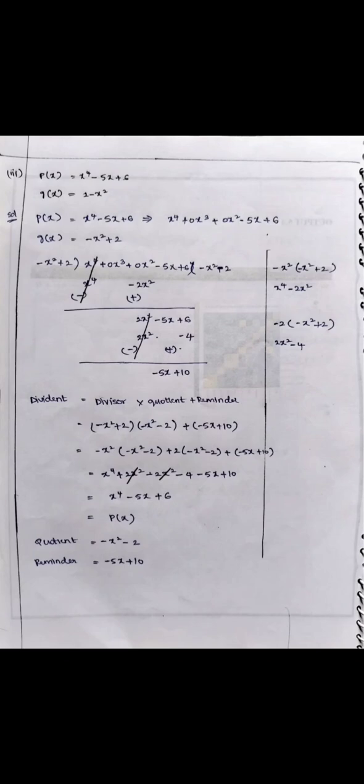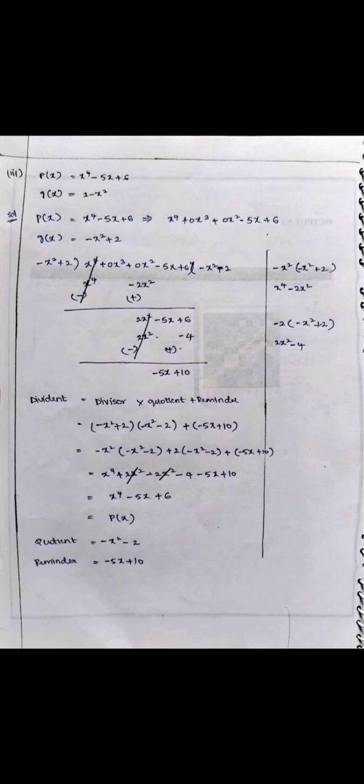If we have to divide, what we have to do is take the first term in the dividend, that is x power 4, by minus x square. If we do that, we'll get minus x square. That minus x square we multiply with the divisor. We get x power 4 on the right hand side. If we check, x power 4 minus 2x square.